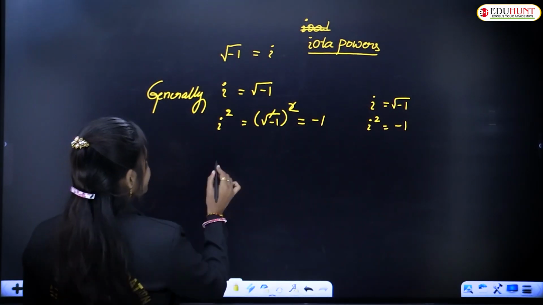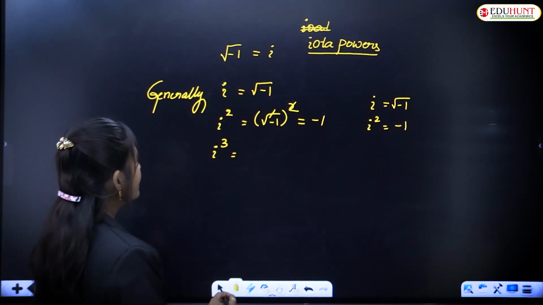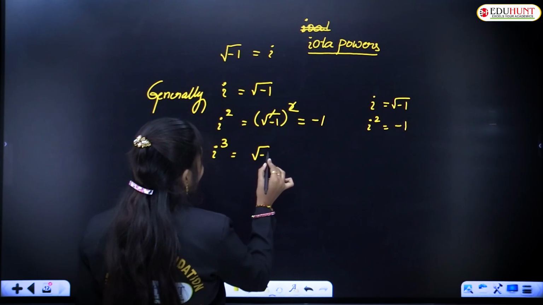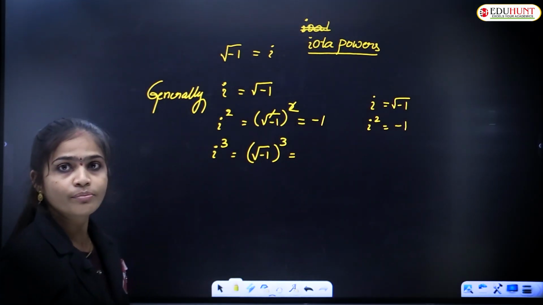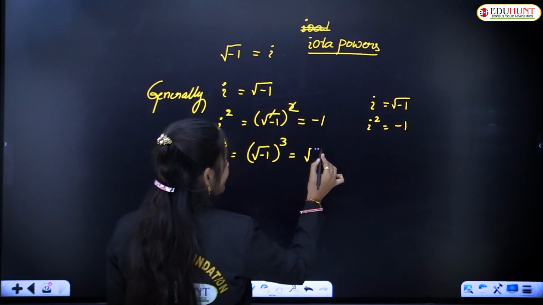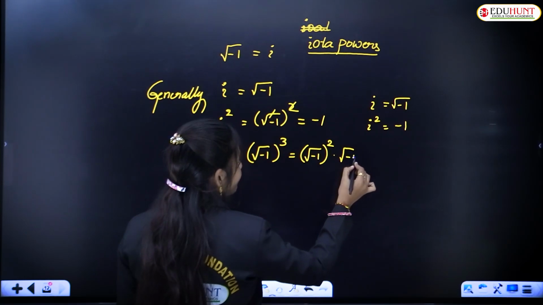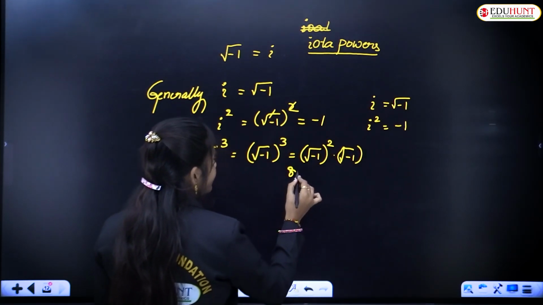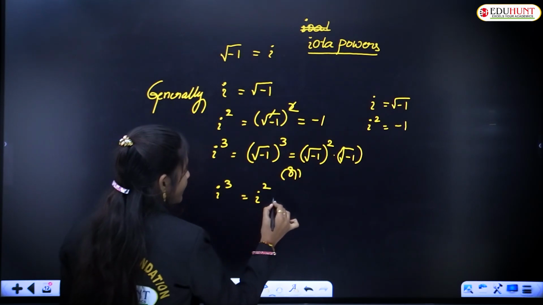Clear? Next, i cubed, I want to find out. Here it is square root of -1, whole cubed. So we can write this as square root of -1 whole squared into square root of -1, or i cubed we can write as i squared into i.